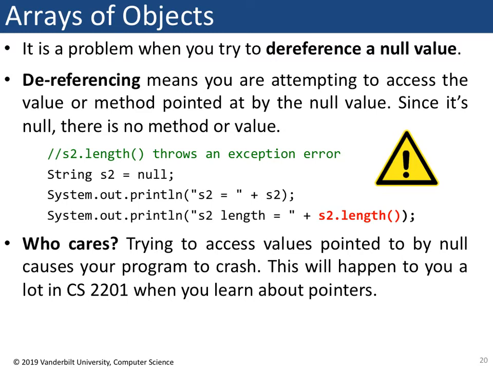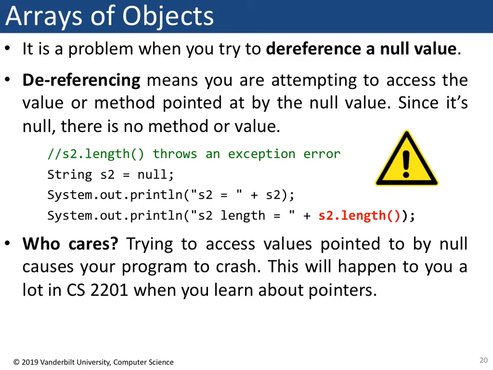Well, if S2 contains the value null, as it does in this situation, Java is going to say there is nothing there. There is no object, so therefore I can't go there. This is not an address, this is an address to nowhere. So I can't dereference it and use the methods in that location that are supposedly a part of whatever object you expected to be there.